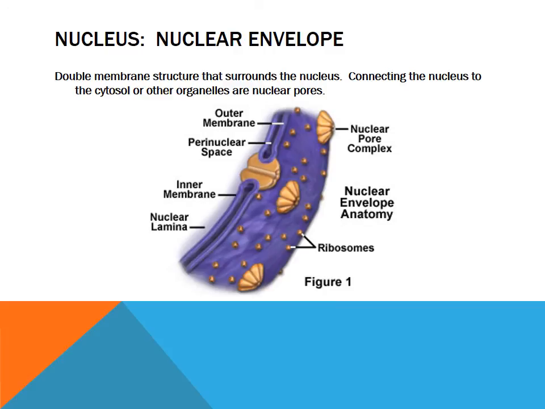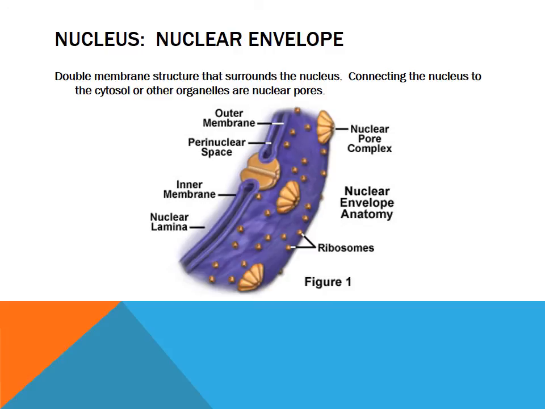Makes it super hard to get in and out of the nucleus. It is really well protected. The only way in and out is through these structures called nuclear pores. These pores are protein complexes that span the whole thing. So we've got water here, water here, water here.